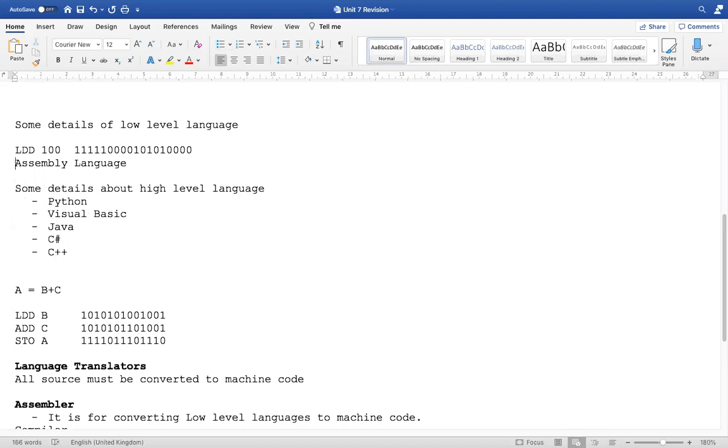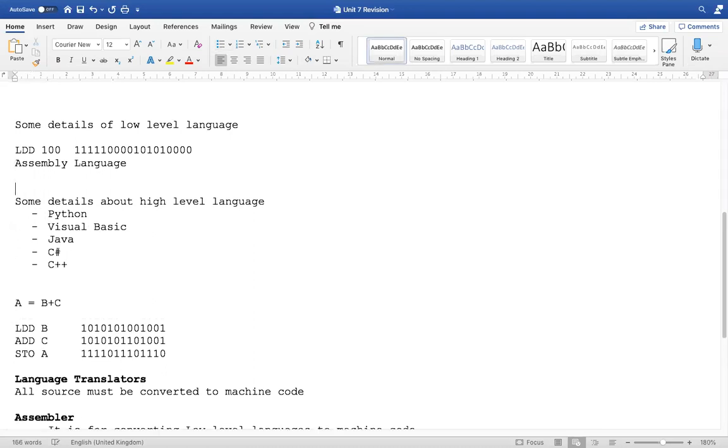One other thing that I forgot to mention here is that low-level programming languages are machine dependent.